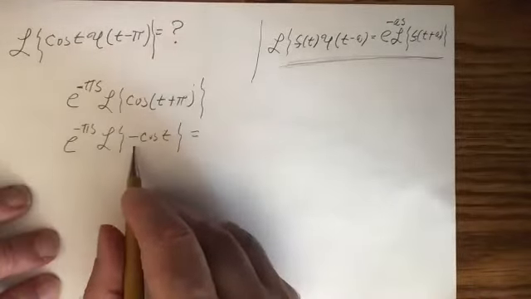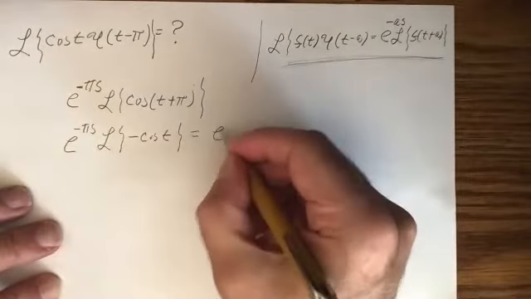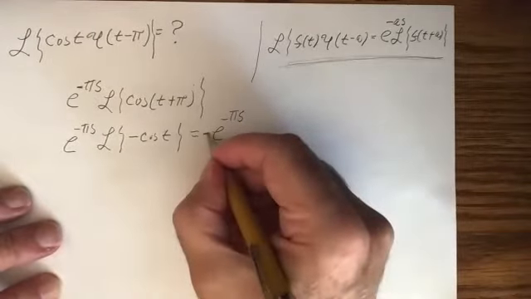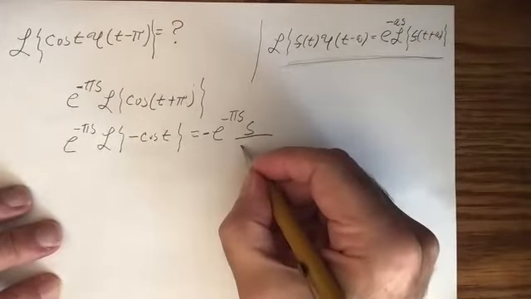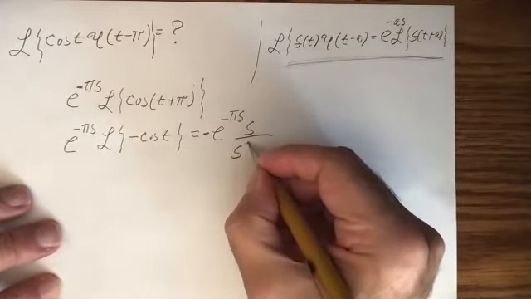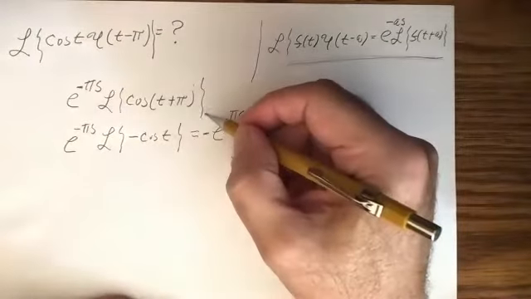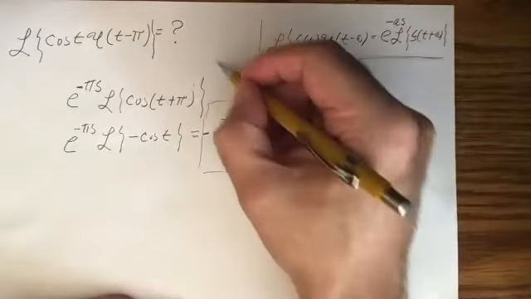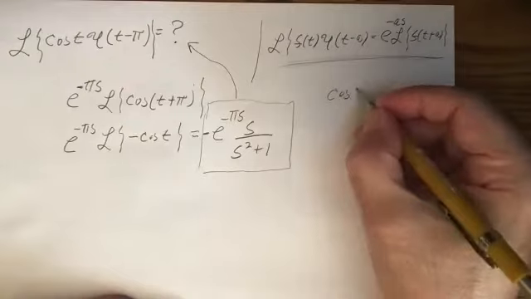Now what's the Laplace transform of cosine? Cosine is s over s squared plus 1, right? So here we have it. This is the Laplace transform of this here. Remember now, cosine of t.